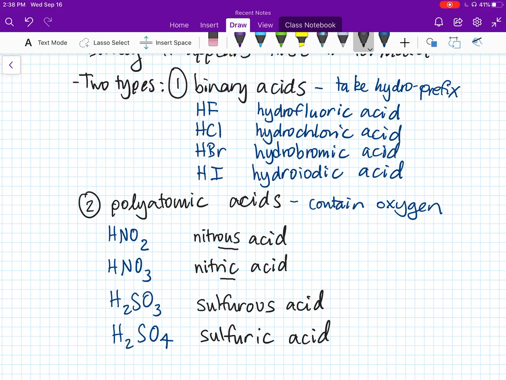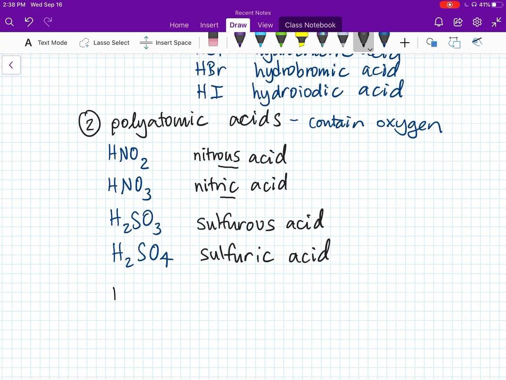What's another example? Another example is H3PO4. This one, again, you just have to know this. Look at the table and try to memorize the names of the acids. The H3PO4 would be phosphoric acid. That's the only one with a phosphorus oxoanion.